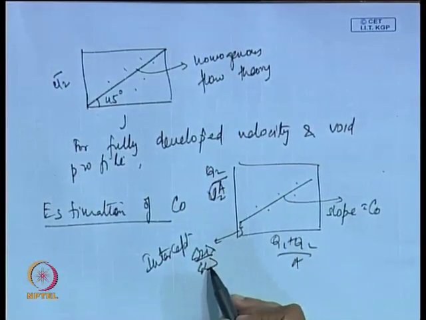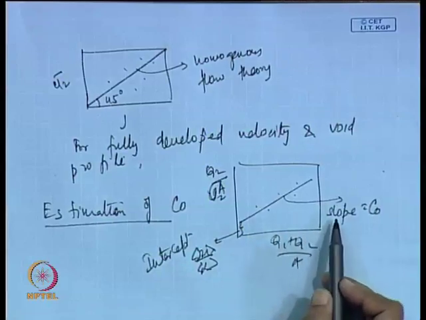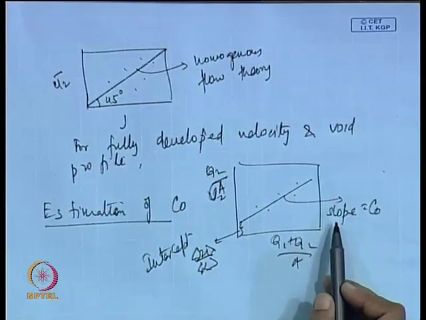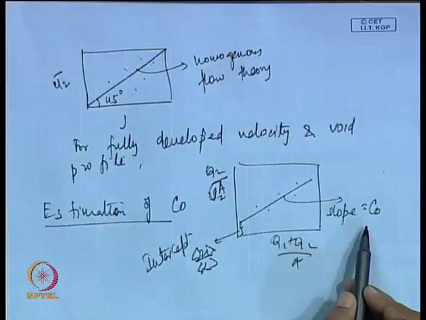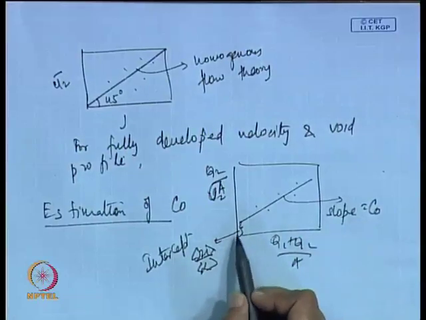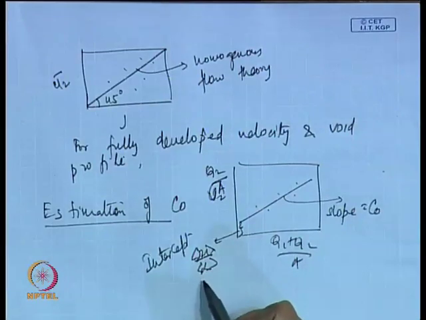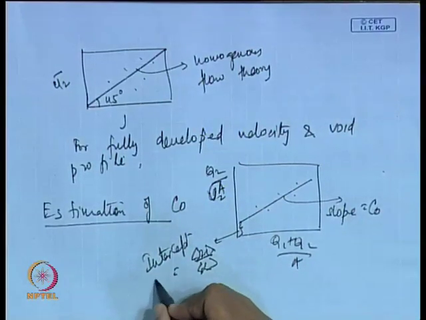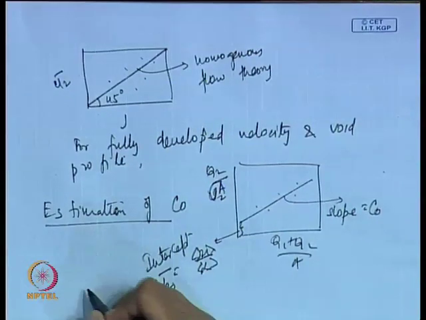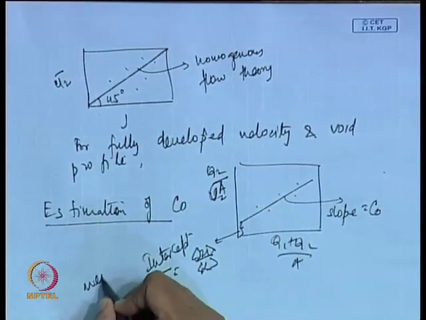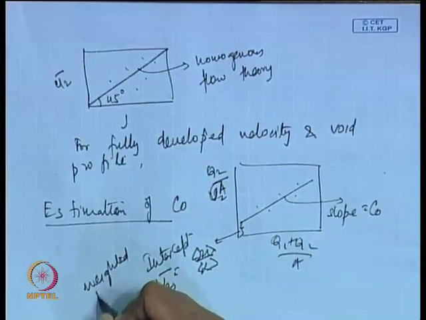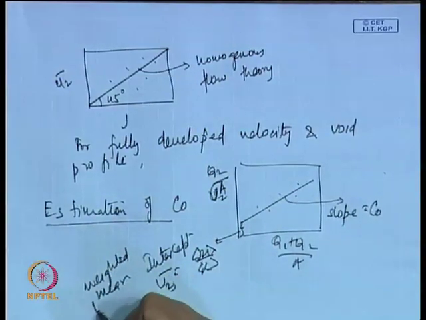In that case, the slope of this best fit line gives you the value of the distribution parameter C0, and the intercept gives you the value of the weighted mean local drift velocity, U2j.